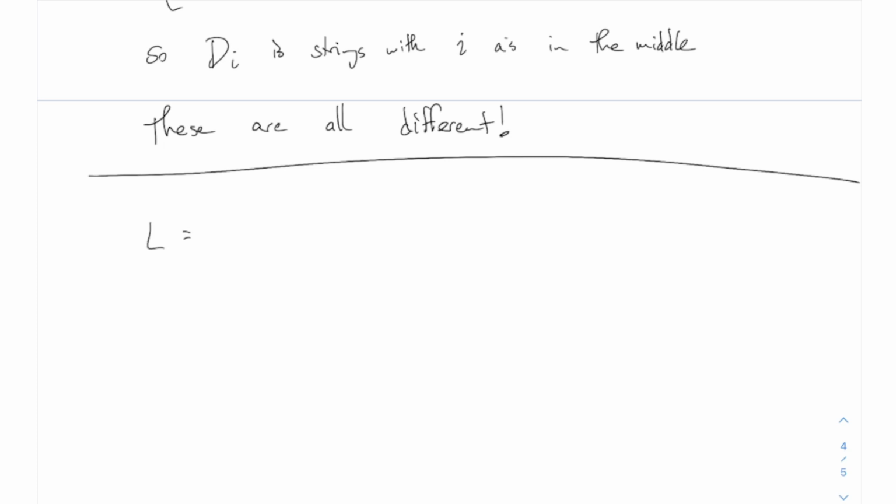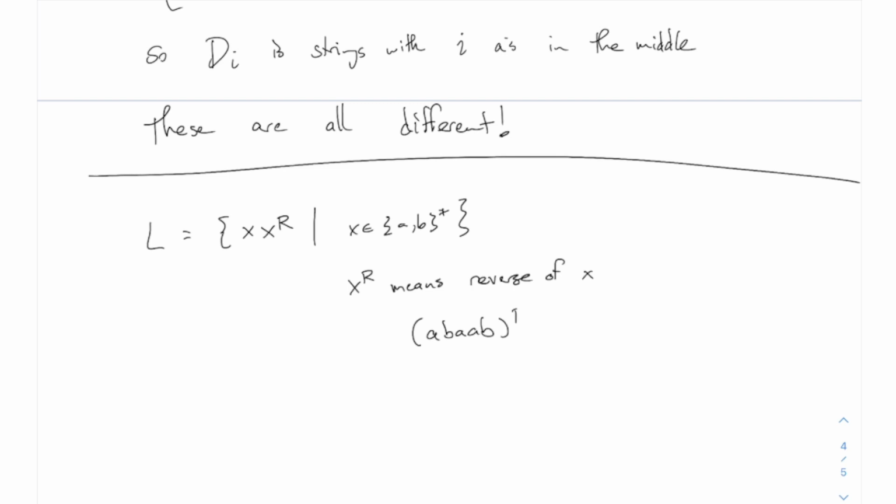How about this? L equals x followed by the reverse of x. That's what x to the r means: x^R means the reverse of x. So for example, ABAAB reversed means BAABA.